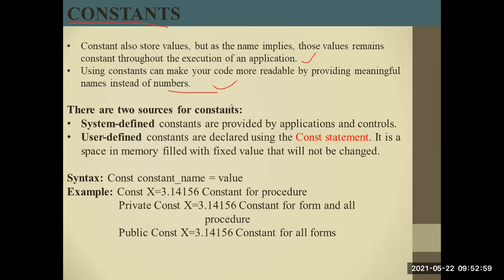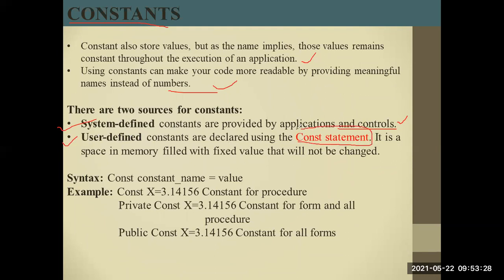There are two sources for a constant. One is the system defined constant. System defined constants are provided by the applications and the controls. These are constants already defined by the system, and they are supplied with the help of applications or controls. The second one is the user defined constant, which is declared using the Const statement.